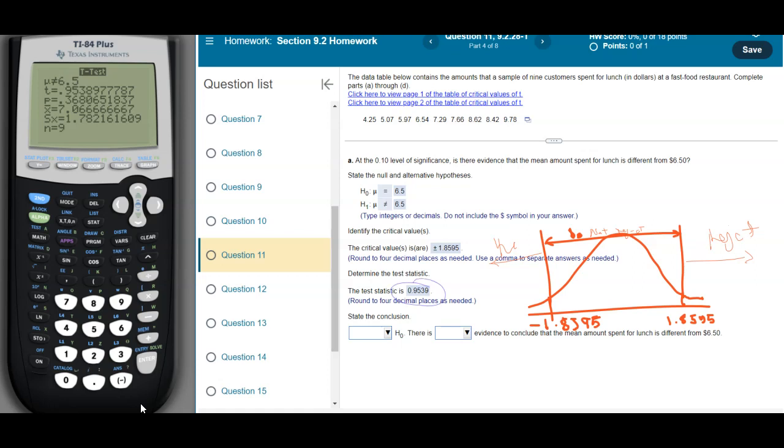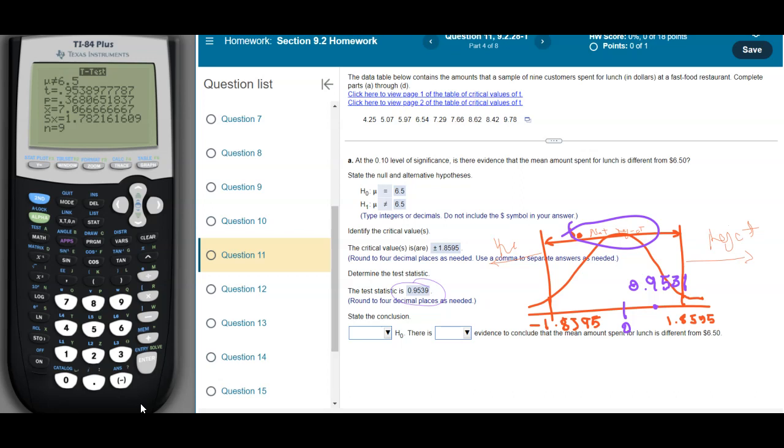And as you can see, the 0 is here, all right, and 0.95 is going to be just before, so it's somewhere here in the middle. So this is 0.9539. So we are within the do not reject, right?